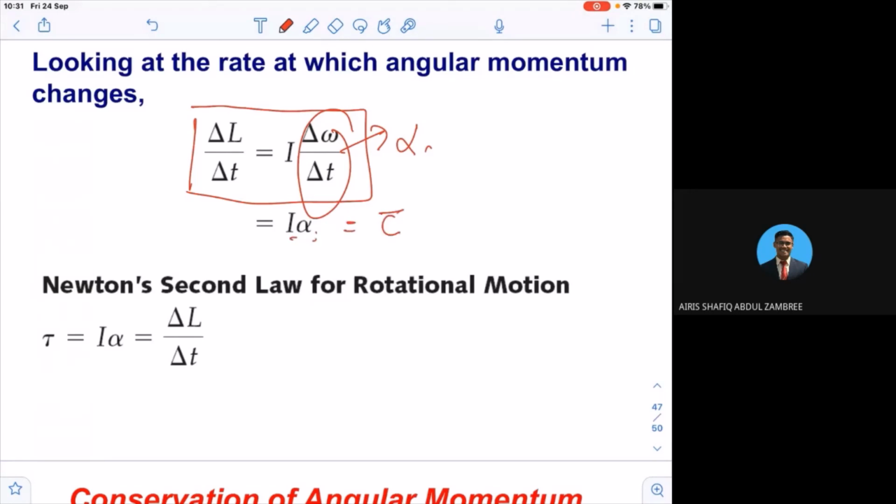Torque equals I alpha. So that means torque is equivalent to delta L over delta T. That means change in angular momentum over time, or rate of change of angular momentum. Okay, that's how it connects between the angular momentum and torque.